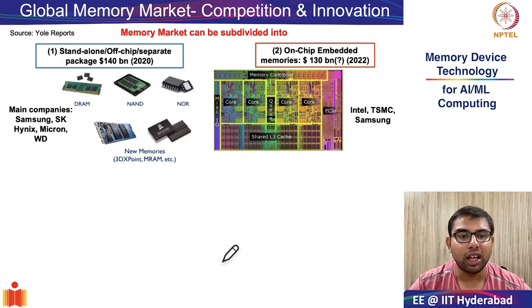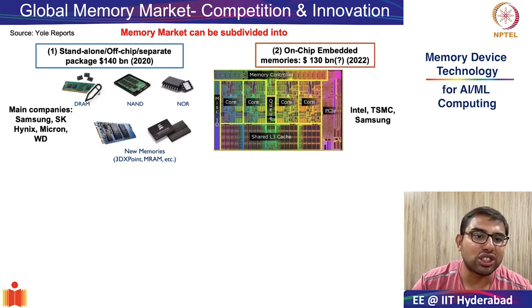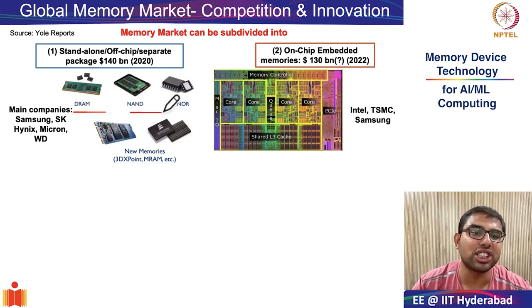So we saw that the entire memory and storage market can be roughly subdivided into two main components. The first is your standalone or your off-chip memory market that consists of your DRAM, your NAND flash, your NOR, and your new eNVM memories.